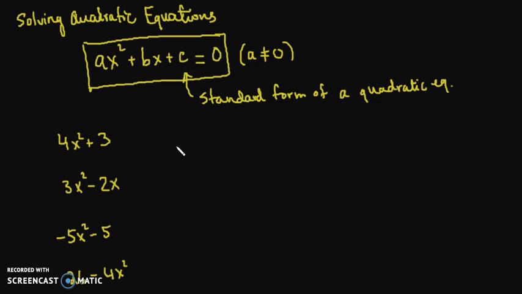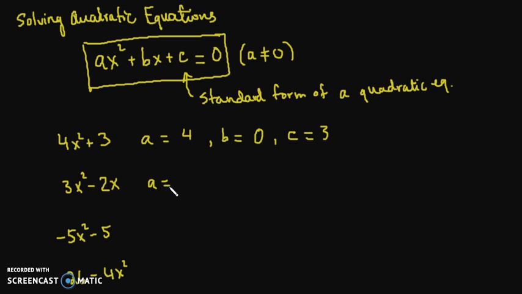So for 4x squared plus 3, a is 4, b is 0 because we don't have bx here, and c is positive 3.